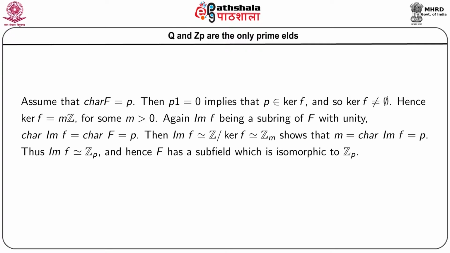Again, ker f equal to mZ implies that Z by ker f is isomorphic to Zm. Thus, image f becomes isomorphic to Zm. This shows that the characteristic of image f is equal to m. Again, we have the characteristic of image f equal to p. Thus, m is equal to p and image f becomes isomorphic to Zp. Thus, F has a subfield which is isomorphic to Zp.